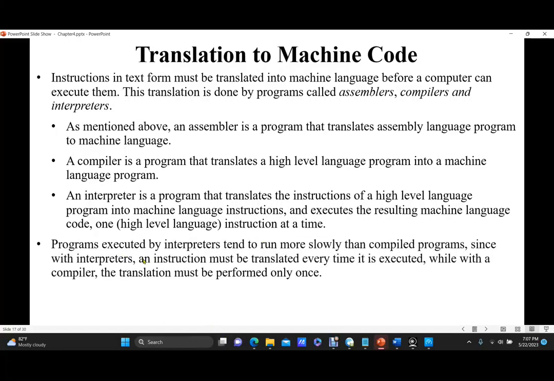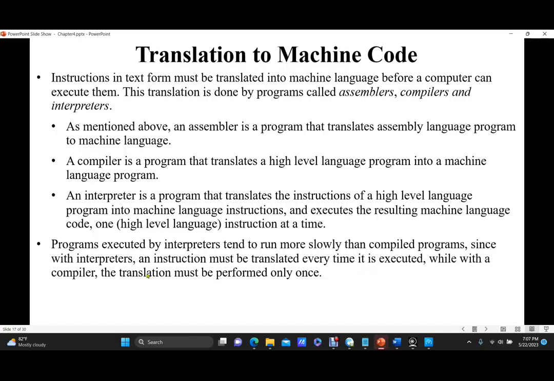Programs that are executed by interpreters tend to run more slowly than compiled programs, since with an interpreter, an instruction has to be translated every time it gets executed.